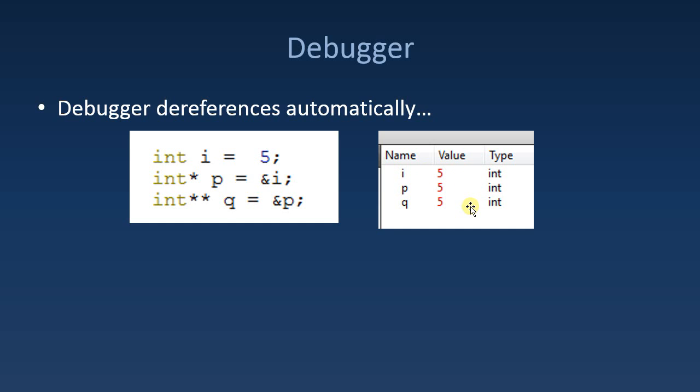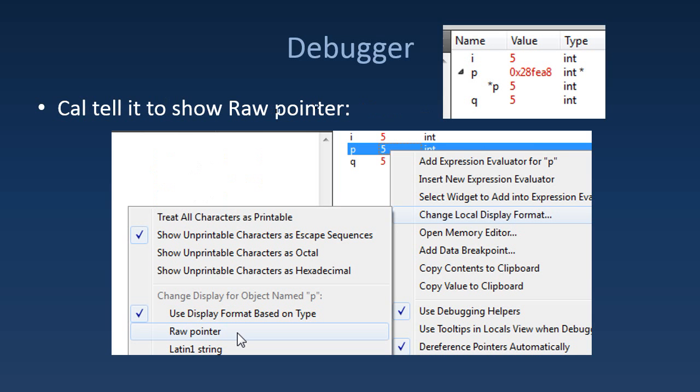So if you're using the debugger and you really want to see the raw addresses, you have to right click on P and change the local display format and say, please show me the raw pointer. And then it will actually show you the memory address that it's pointing to, what it really stores. And then you can crack that open and look at the value it points to.